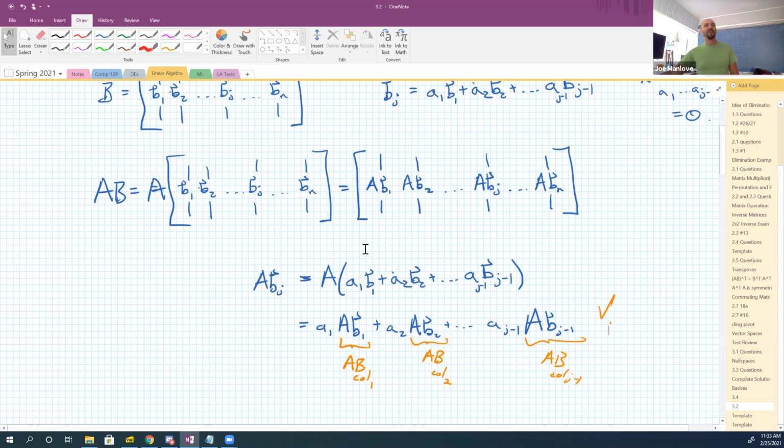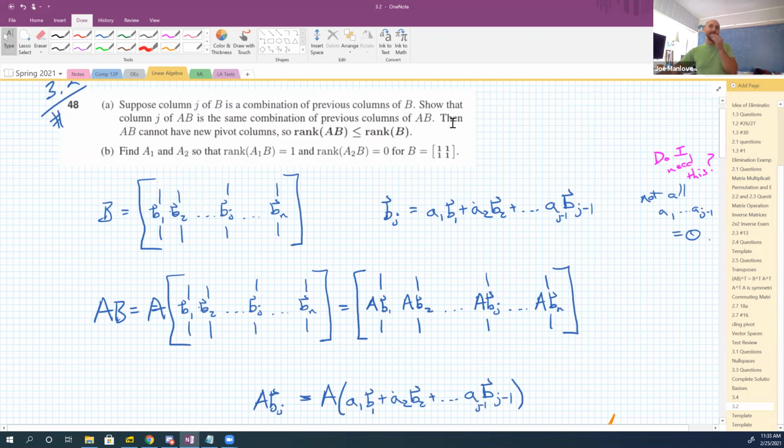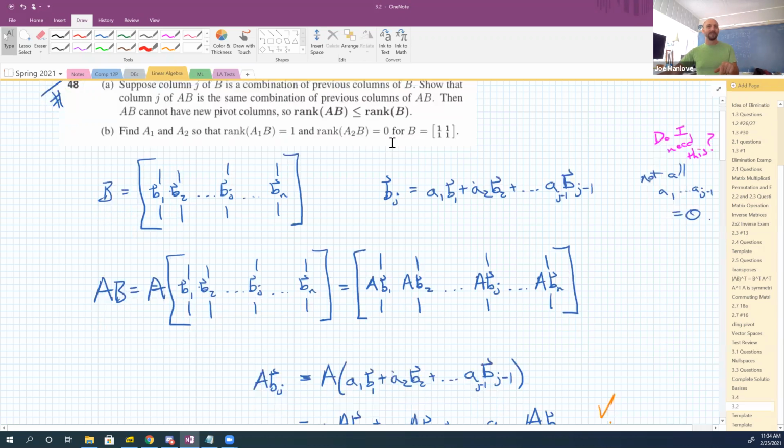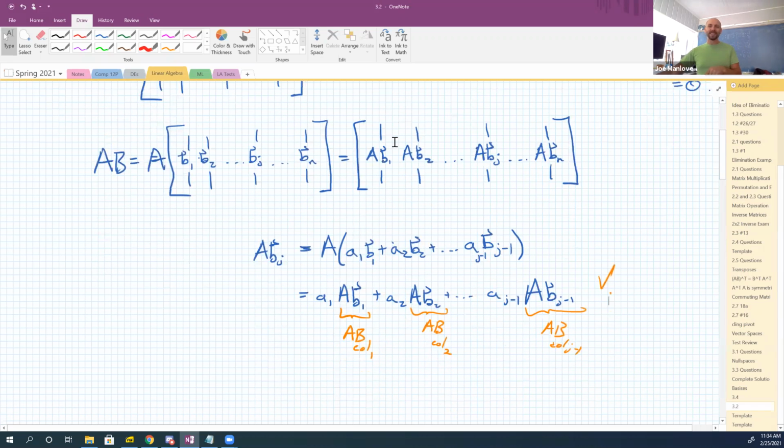All right, now what? Well, now the next thing I'm supposed to notice, I guess, is that AB can't have new pivot columns. So the rank at most went down. Does that make sense?